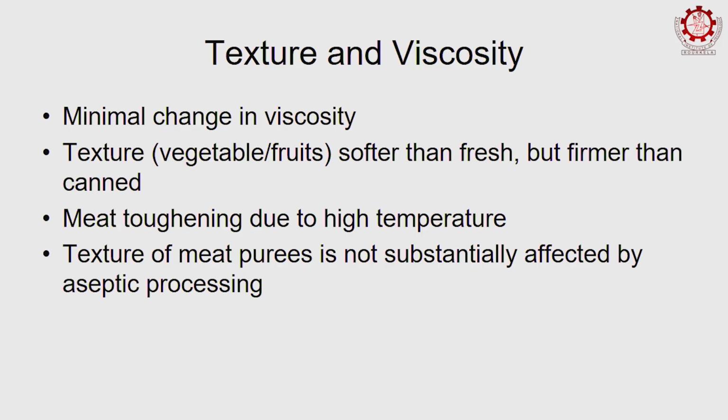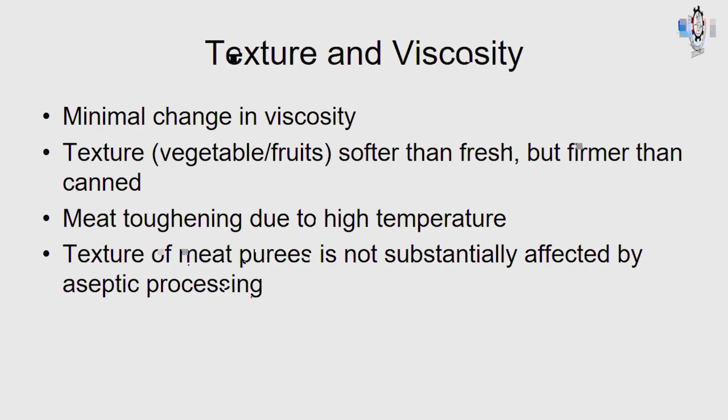Now, in terms of texture and viscosity, aseptic processing has a minimal impact. It comes out a little bit softer than fresh, but much better than the canned product, but generally the meat purees are not substantially affected.